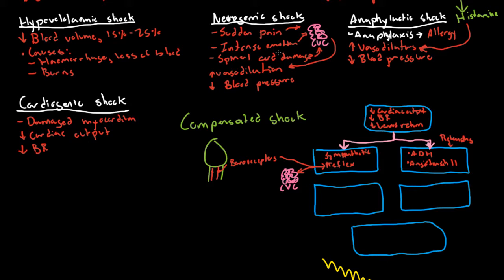So it sends those signals and it tells it, I've detected a low blood pressure. And the cardiovascular center responds by saying, alright, increase heart rate, so it's going to send more frequent impulses to the heart, and increase vasoconstriction.